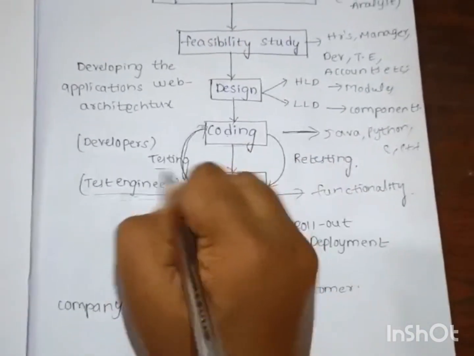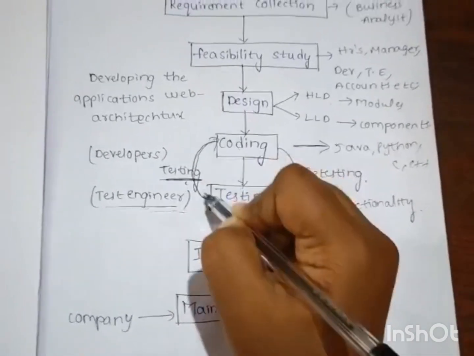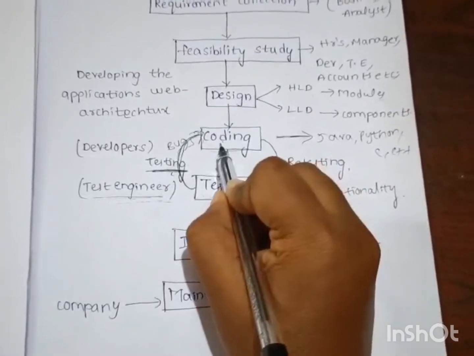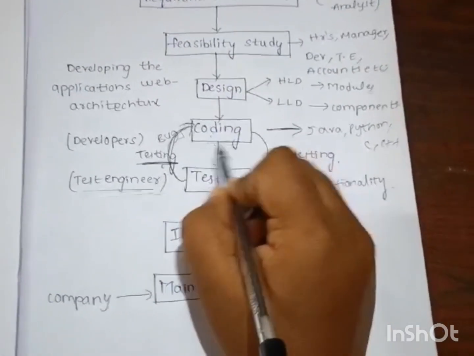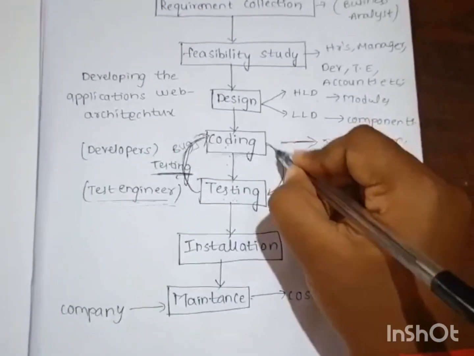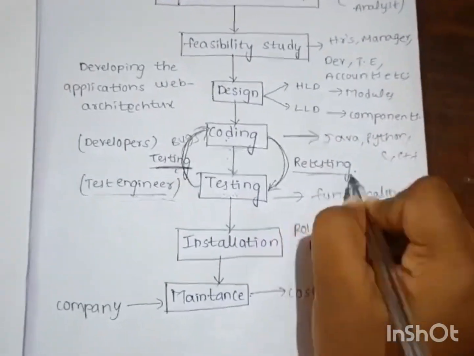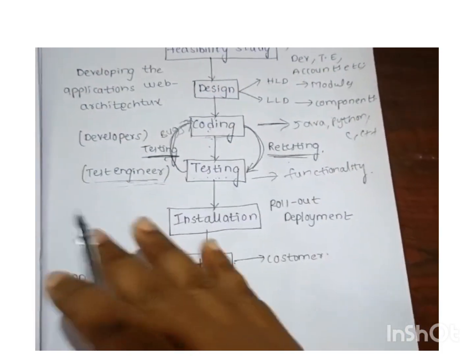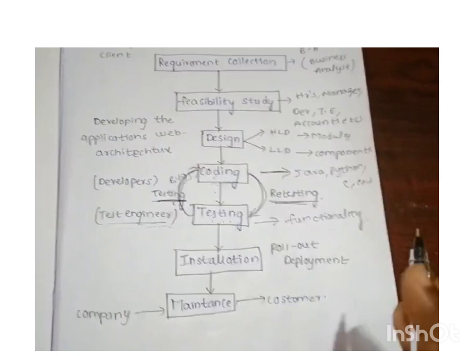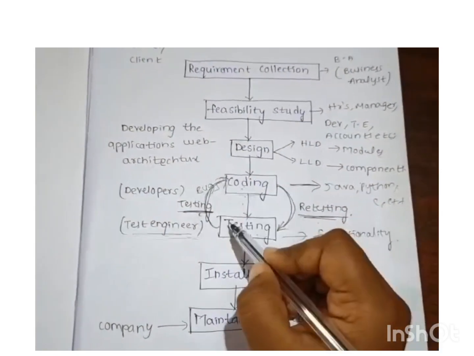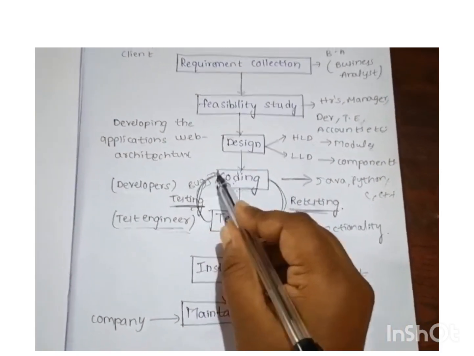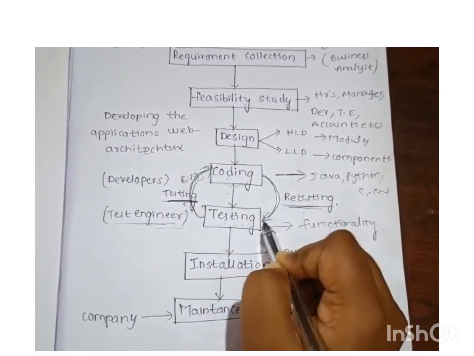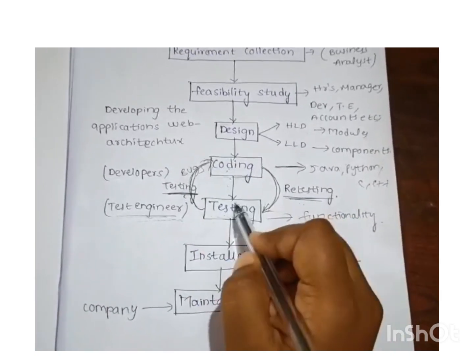After testing, if they find any bugs, they will return them to the developers. Again after making the code changes, they will send the code for the retesting process, to check that it is working according to the customer requirements. We can say this continues until the application becomes stable.